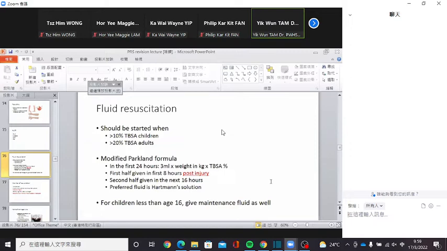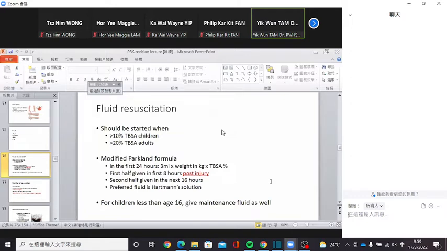What is the formula that we use? We use the modified Parkland formula. It states that in the first 24 hours post-injury, we will give 2 to 4 ml per kg per percentage TBSA. We normally start at 3 ml, but 2 or 4 are also correct answers, depending on your patient's background history and the condition when they present.